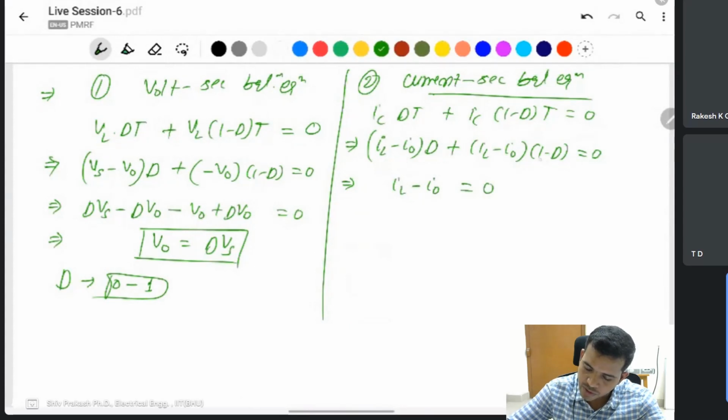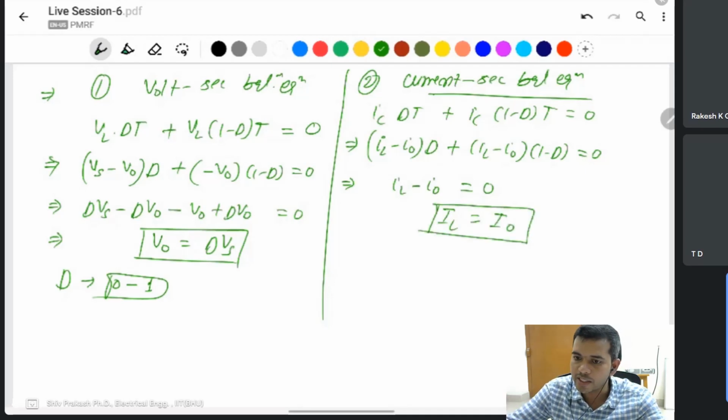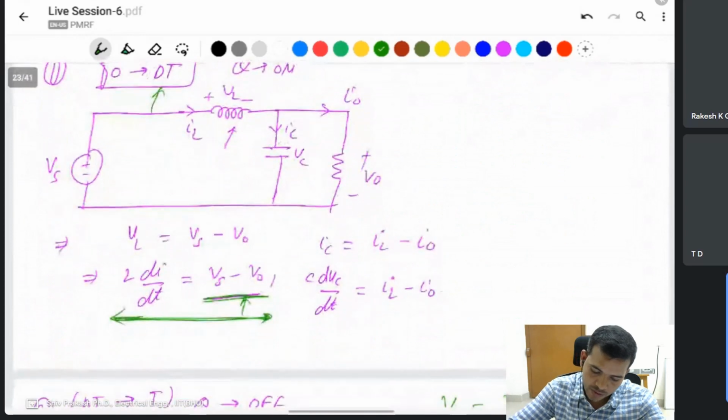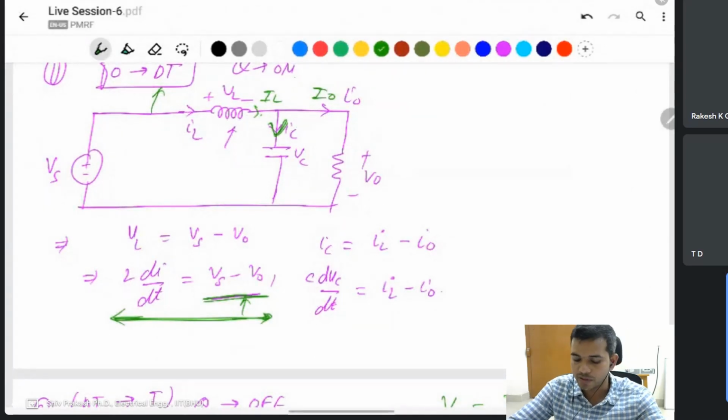D is present in both, cancel out. In average, IL you can take as a capital. It means the average inductor current is the same as the average output current. It means the average current passing through the capacitor will be 0.